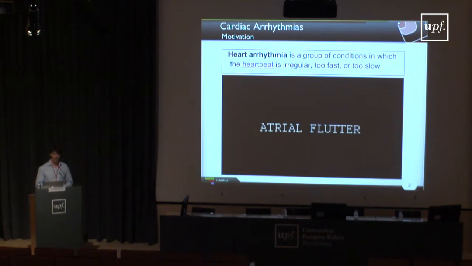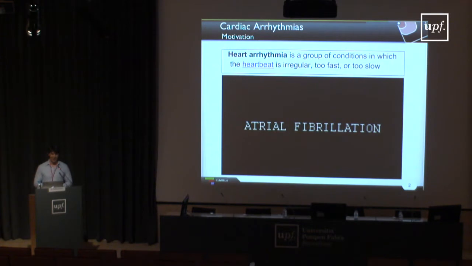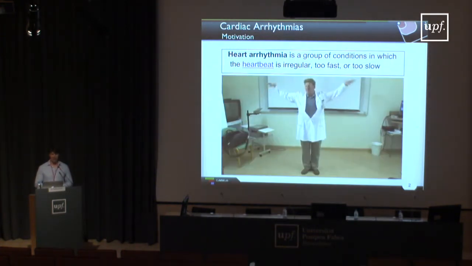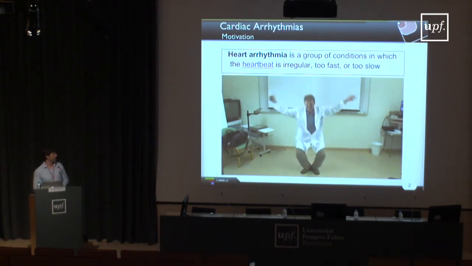Now, there are other diseases like atrial flutter, where you see that the activation of the atria is very fast but coordinated, and every now and then it passes the signal to the ventricles. Then atrial fibrillation: the atria is not working at all, and the signal can go to the ventricles from time to time.